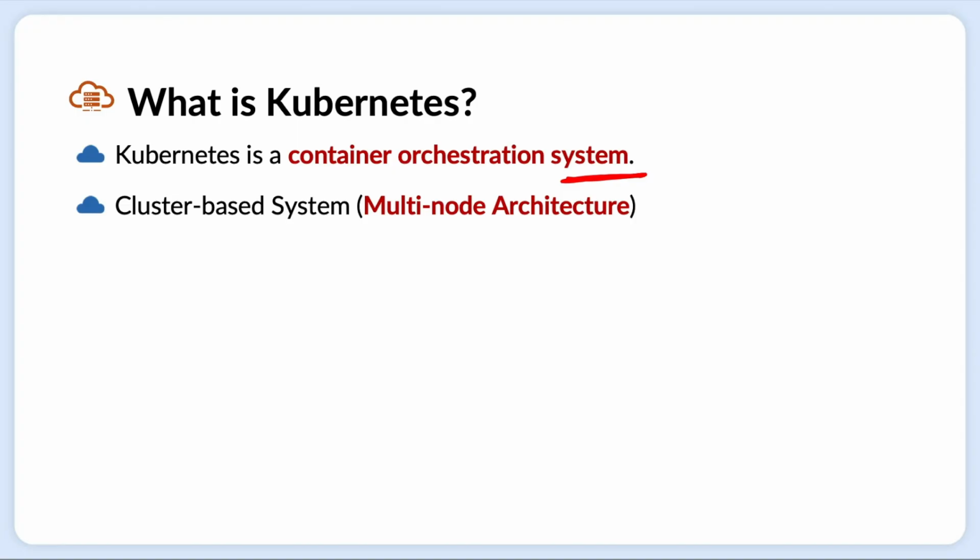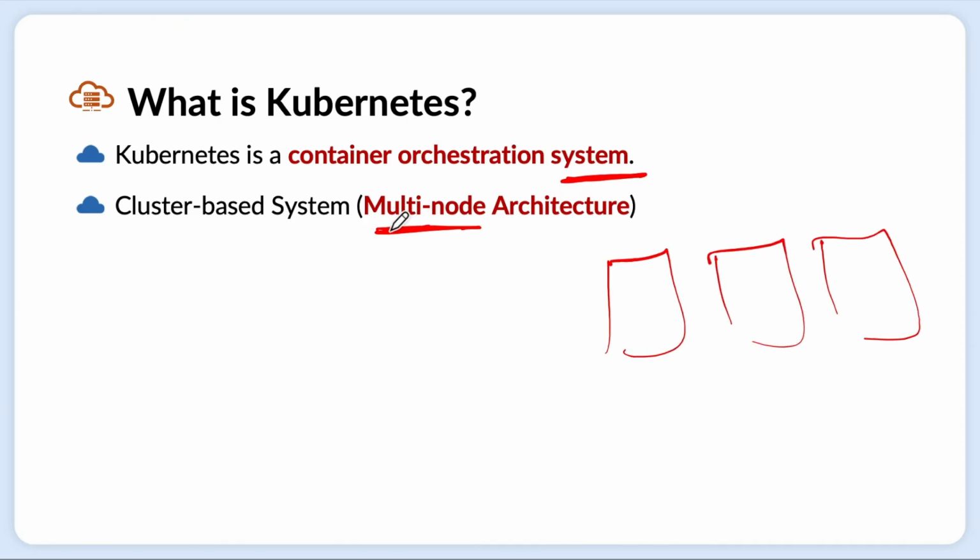Now, multiple machines. Yes, this is one of the greatest features of Kubernetes. So Kubernetes manages containers across multiple nodes. What is a node? Node means a virtual machine. We are going to understand all this in the next lecture when we cover Kubernetes architecture.